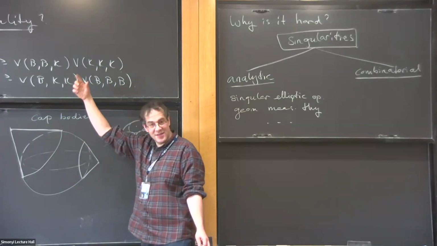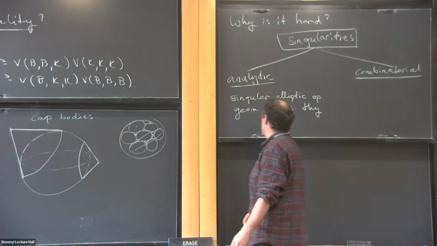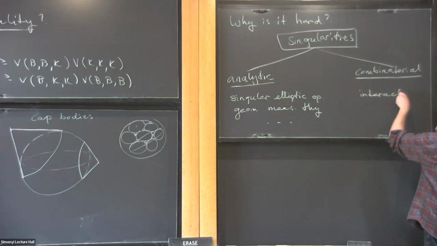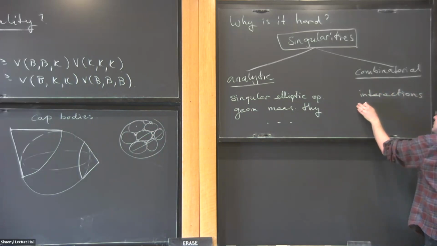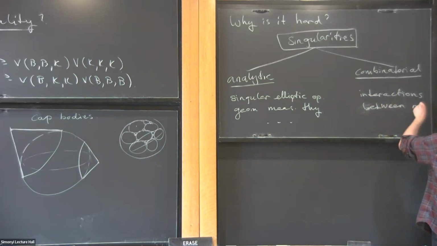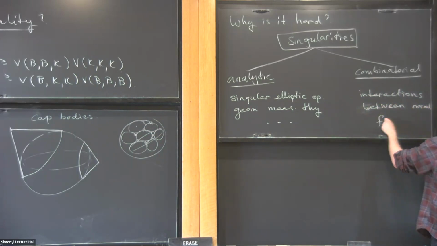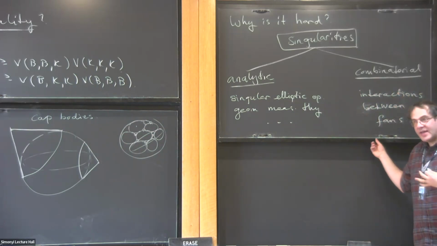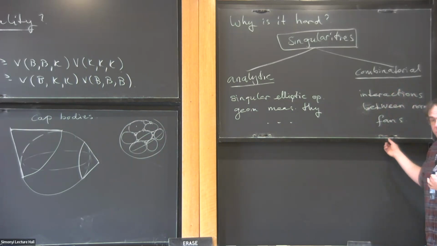So we have the interactions between the normal fans of these different bodies that are conspiring to give us equality cases, and one has to understand how to analyze the combinatorial structure.